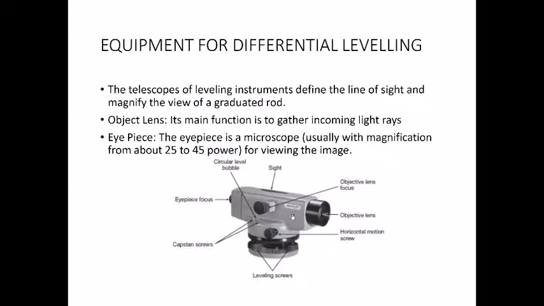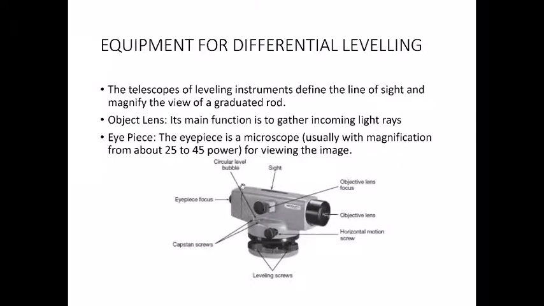So just to set out the direction of this auto level or this telescope, first you view through the sight so that your leveling staff is visible, and then you can switch to the eyepiece to get a magnified view to note down the reading. This is similar to when you're using binoculars: first you look with the naked eye without the binoculars to set the direction of where you want to look, and then you use the binoculars for a magnified view. So looking through the eyepiece is like looking through binoculars, and looking through the sight is looking just with your eyes and locating the object.